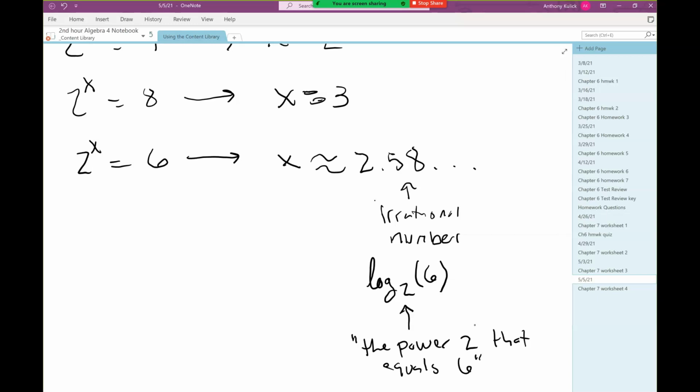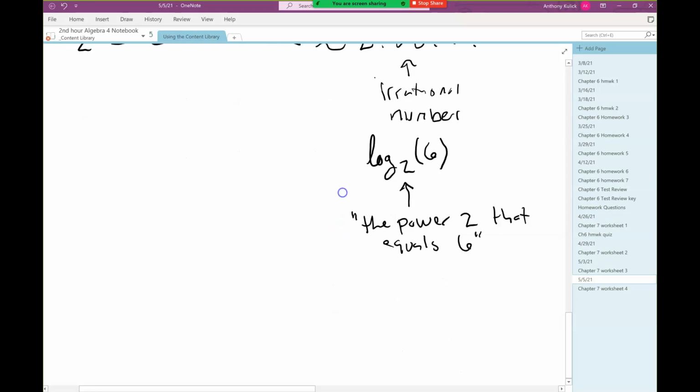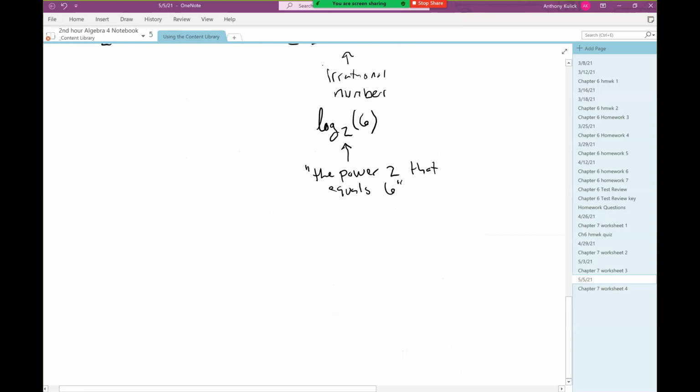Everybody okay with that idea? So when we talk about the logarithm of something, we're just talking about a number. It's usually a big kooky decimal that we just don't want to have to write down, similar to what we did with square roots or cube roots or all those other irrational numbers we dealt with last chapter. So this gives us our definition for a logarithm.